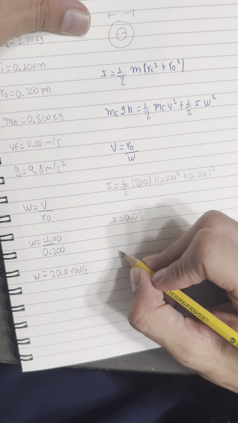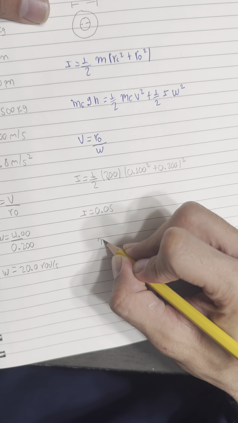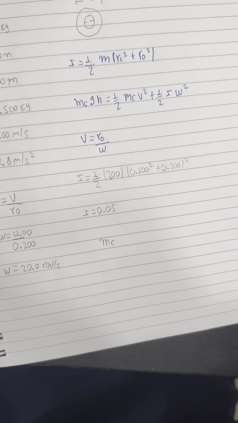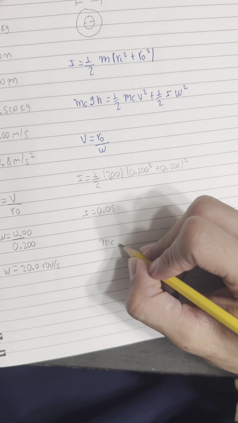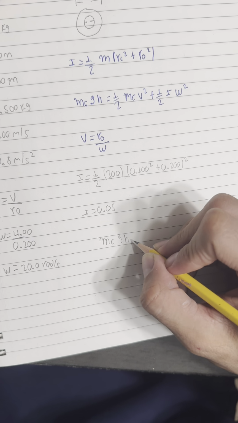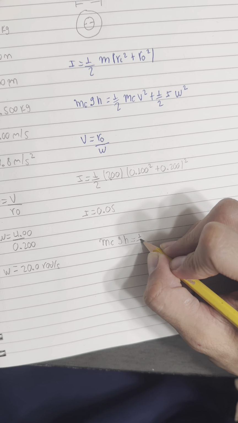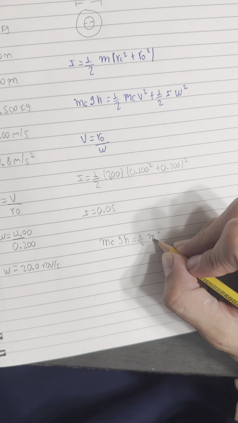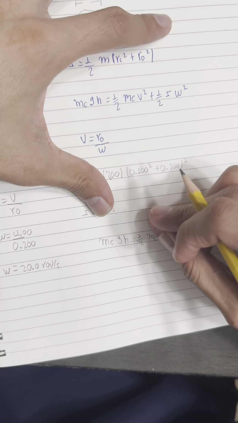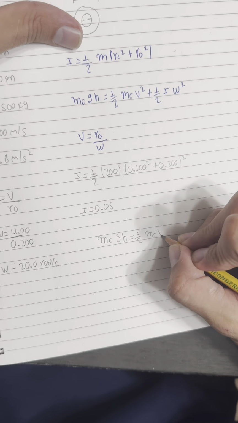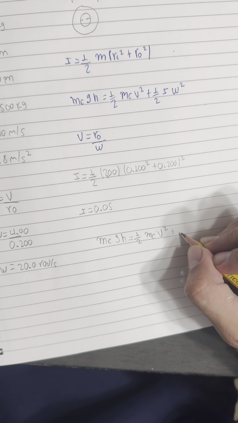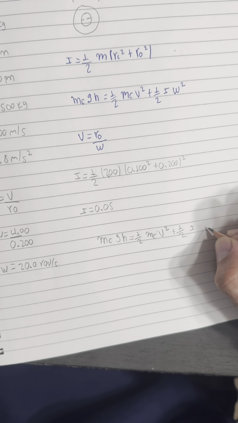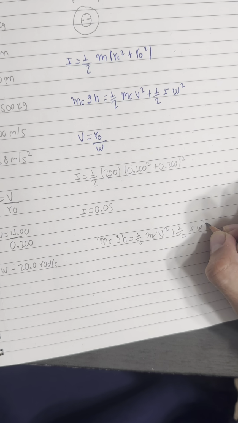We have the mass of the cheese times gravity times height equals 1.5 times the mass of the cylinder times velocity to the power of 2 plus 1.5 inertia times the angular velocity to the power of 2.